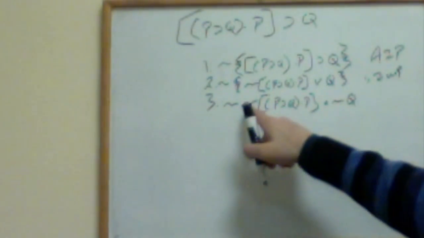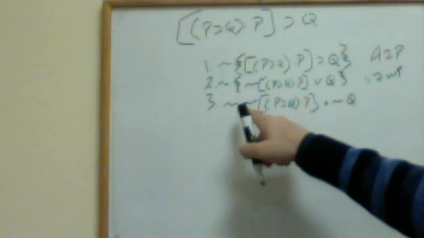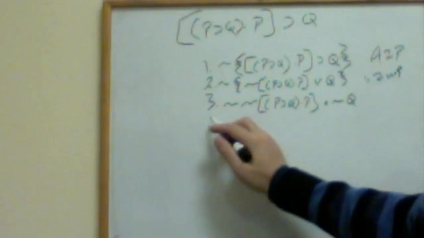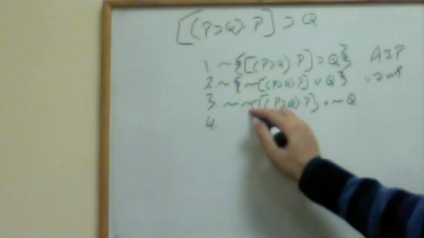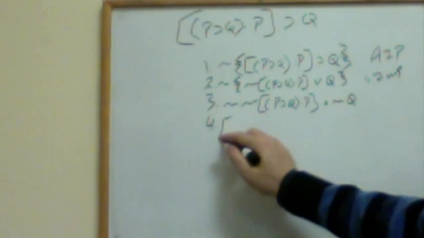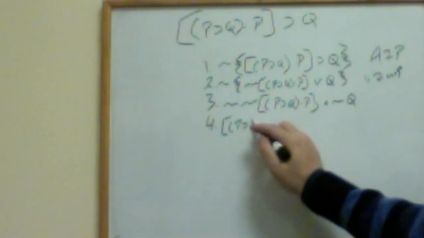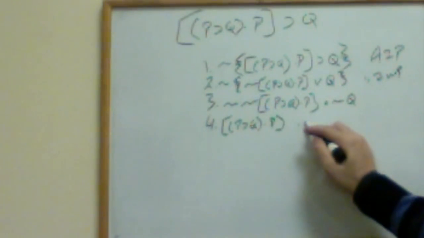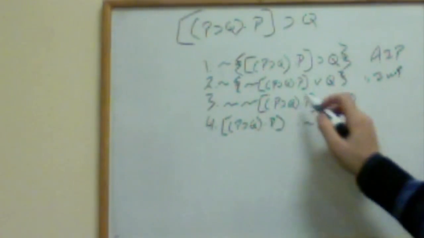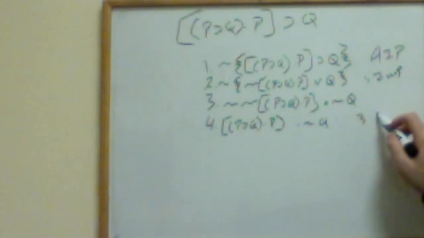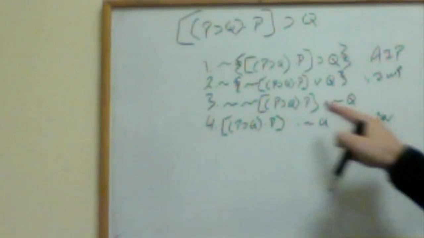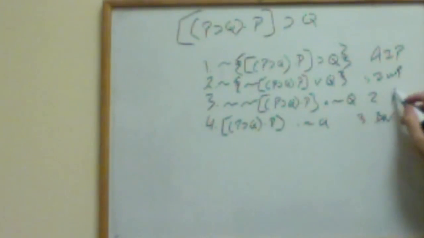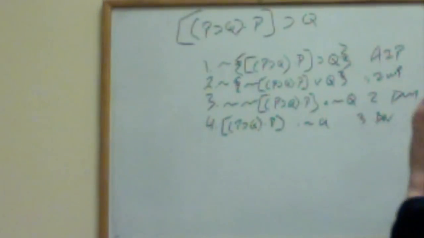But of course, now we have this, and we know we can get rid of that using our double negation rule. So we write down line 4, and we simply write P horseshoe Q dot P, and that's going to be dotted to tilde Q. And we got that from line 3 by double negation. And we got this from line 2 by De Morgan's rule. Okay, so that's very exciting.